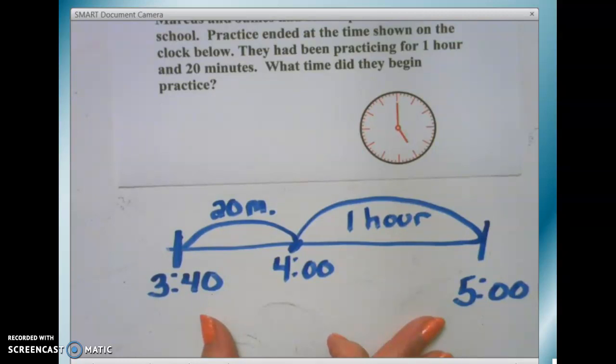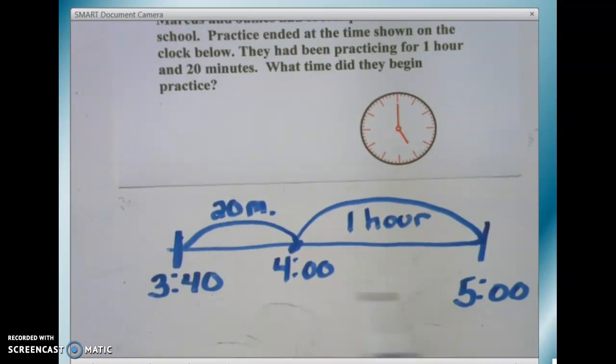So on the next 3 slides on this lesson, you're going to do 3 more problems like this. You're going to draw a timeline, just like I did. So you'll have a space to draw your timeline to show your work. And then you're going to find your answer for each elapsed time. And you're going to make sure that you label it, how many hours, how many minutes. And would you circle your answer for me?